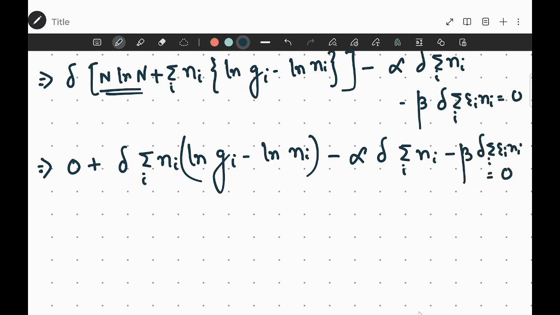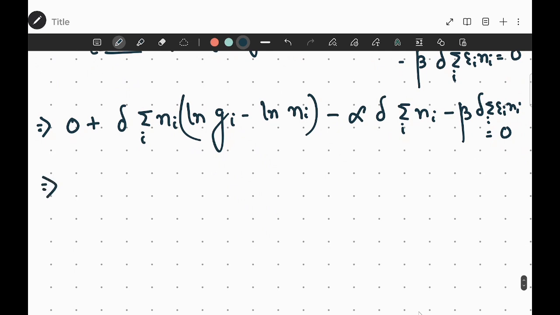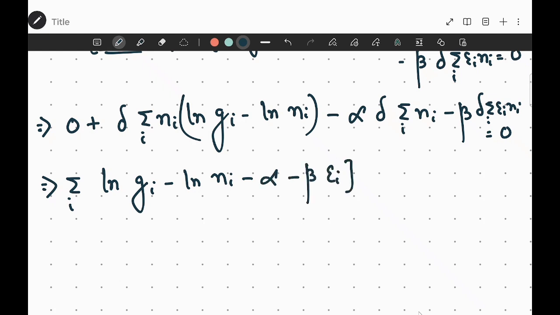How can you write it? We can take out the total sum, then ln gi minus ln ni minus alpha minus beta epsilon i, then dni.